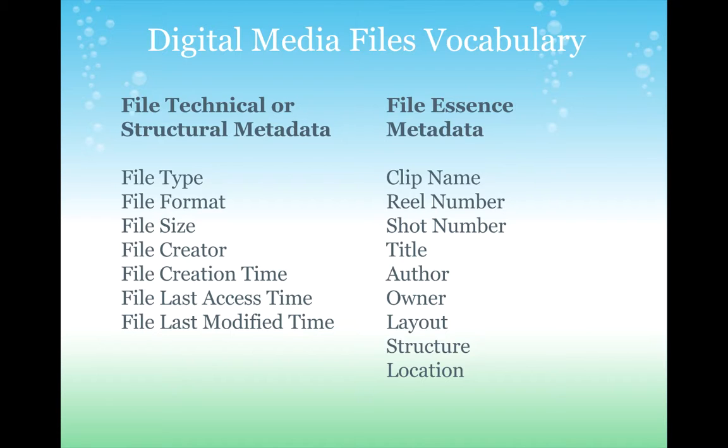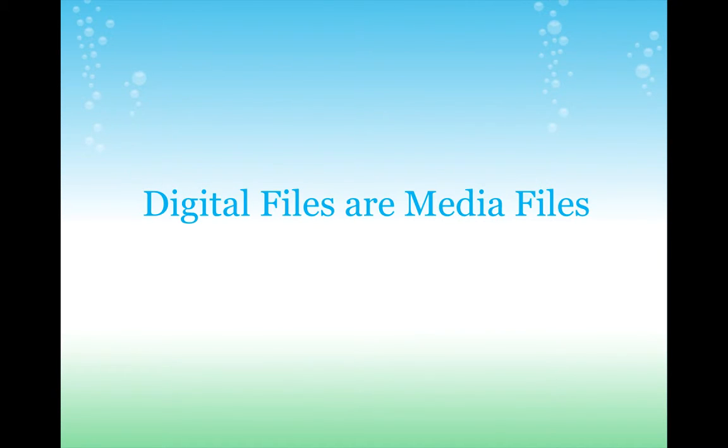We want to know the title of the movie. We want to know the author, maybe. We want to know the owner of this content. We might want to know information about the layout or the structure of the content. If it's a database, for example, we might want to know the location. Right? And digital files, as we said, are media files. So let's talk a little bit more.